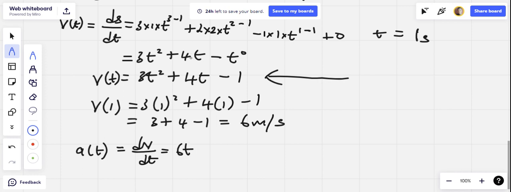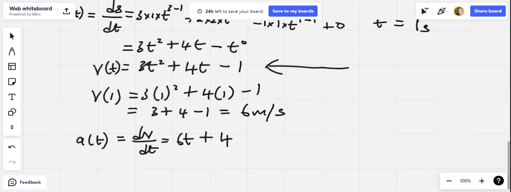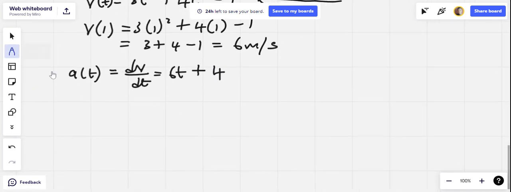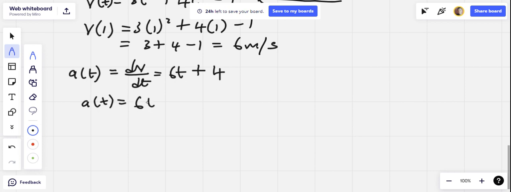You differentiate this one, that will be plus 4. If you differentiate the constant term, it becomes 0, so we don't include it again. So now we've gotten an expression for acceleration, which equals 6t plus 4.